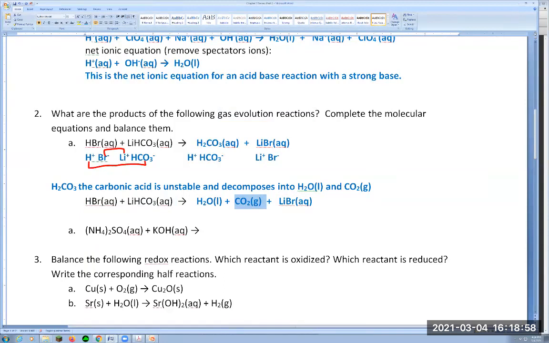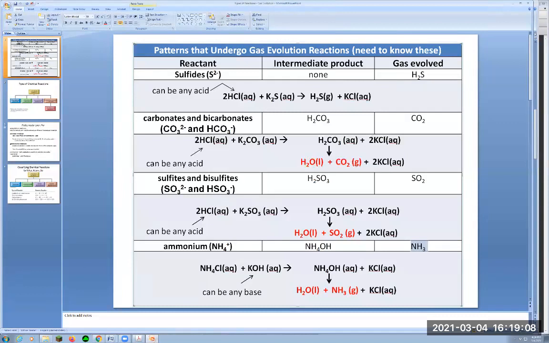And we said this was balanced, so this is balanced too, right? We were asked to balance them. So notice how this is one of the examples of typical gas evolution reactions that you will encounter.